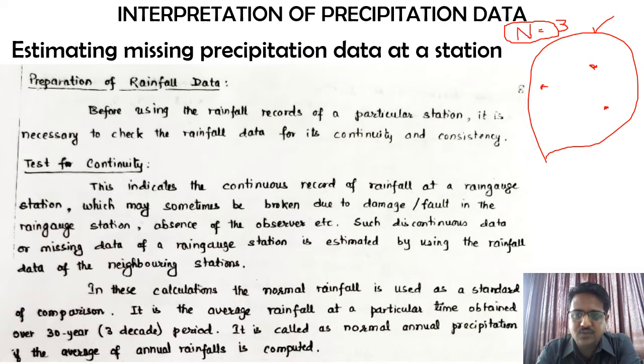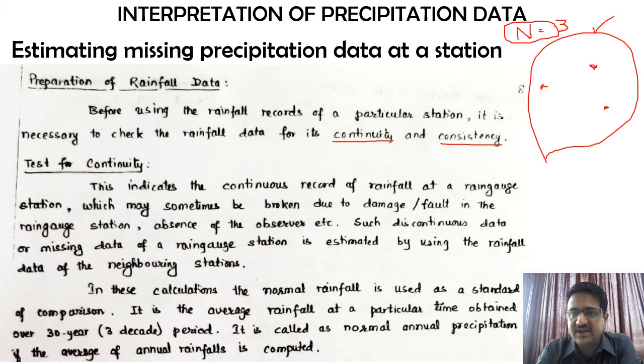So with respect to the optimum number required to get accurate rainfall data collected, those requirements are done with. But now if I ask about continuity and consistency, there are two things. One is continuity.